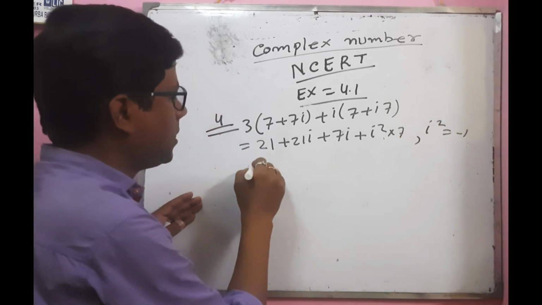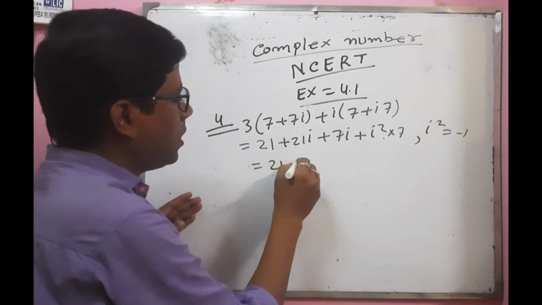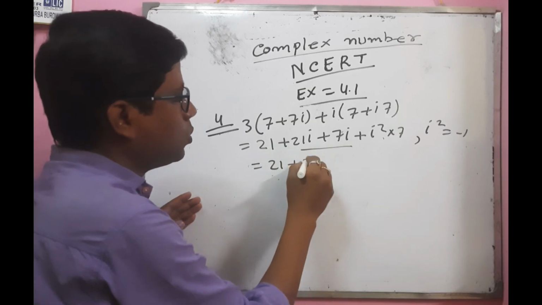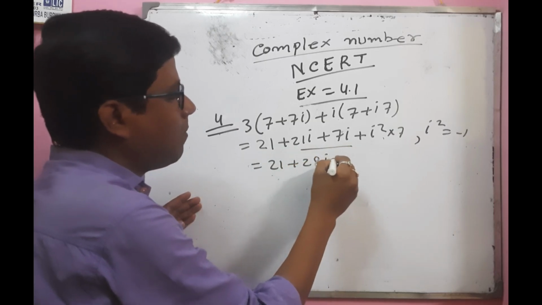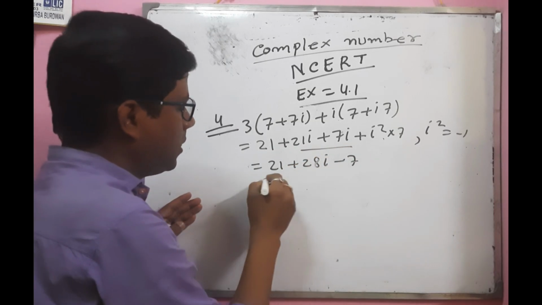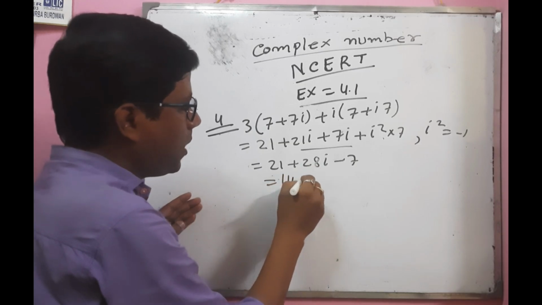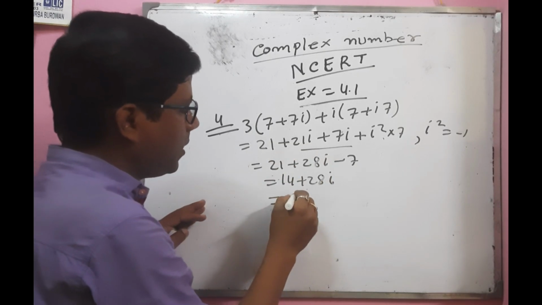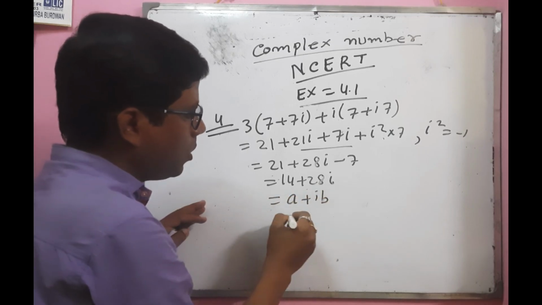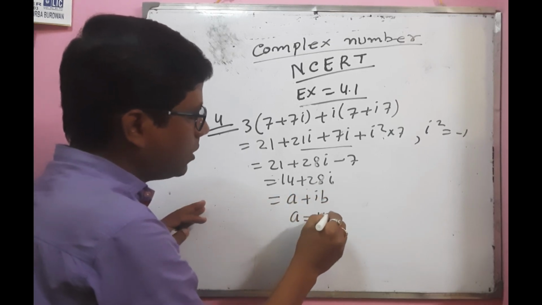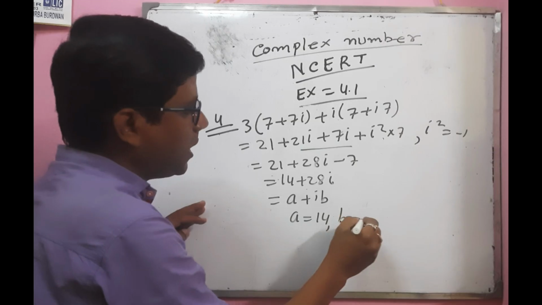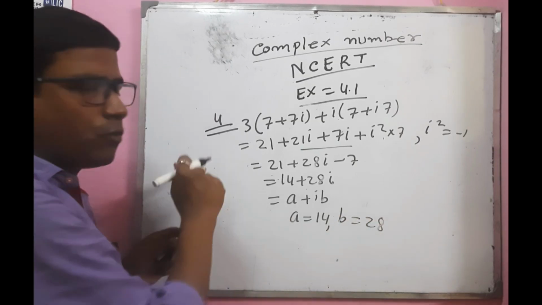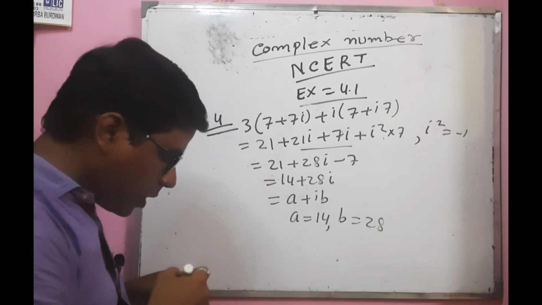Then put it, then you get 21 and the sum of these two is 28i, and this is minus 7. So 14 plus 28i. This is the form of A plus iB, where A is equal to 14 and B is equal to 28. Fourth is complete. Move to the next part.